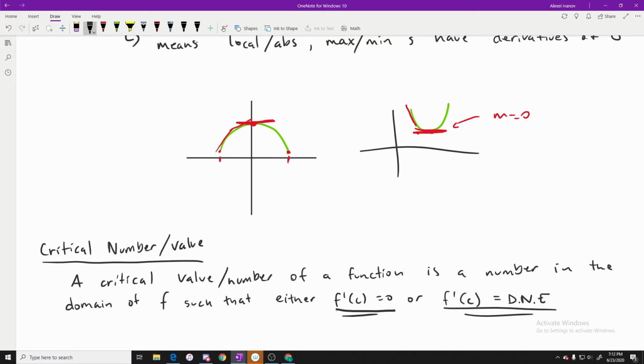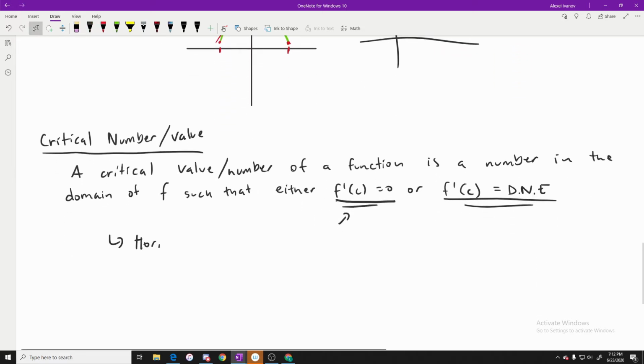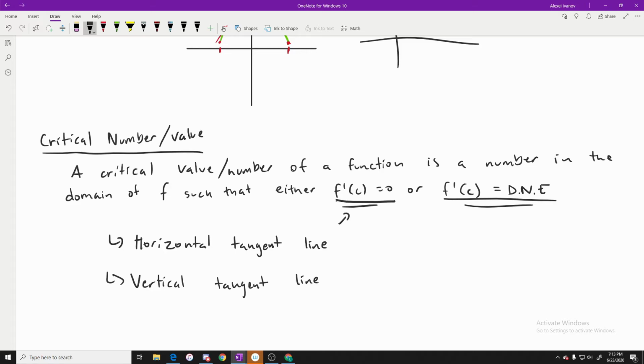So this means one of two things: either it is a horizontal line, meaning it has a slope of 0, or it's a vertical tangent line, because we know the slope of a vertical line is undefined. So graphically, critical values mean there is a horizontal tangent line there or a vertical tangent line.